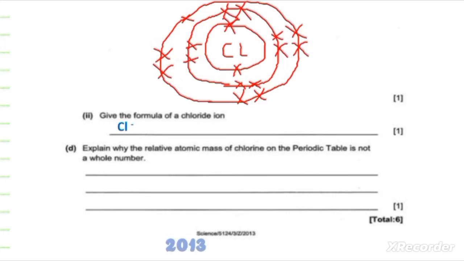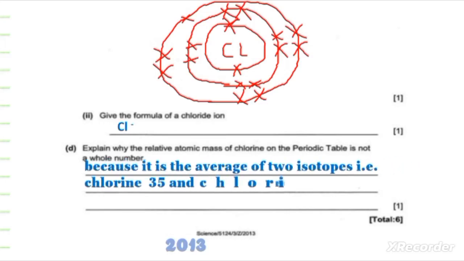The next question, which is question D: explain why the relative atomic mass of chlorine on the periodic table is not a whole number. The reason is that it is the average of 2 isotopes, that is chlorine 35 and chlorine 37.